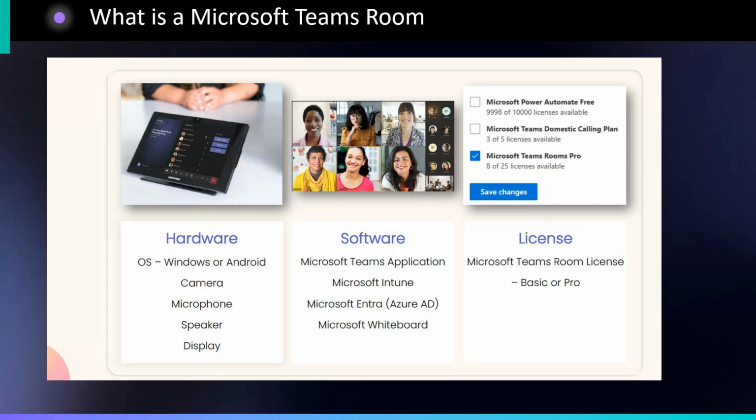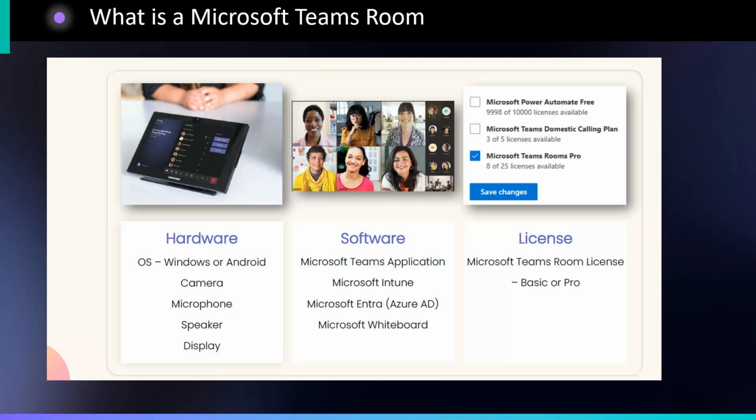There is a software running, the MTR app, either on the Android device or on the Windows system. That is the Teams Rooms application. The devices link back to Microsoft Teams, Microsoft Intune, Entra, and SharePoint. And we also have the opportunity to use the whiteboard. Microsoft Whiteboard is also included as an option.